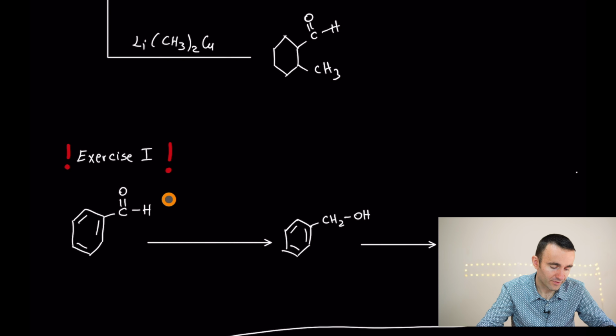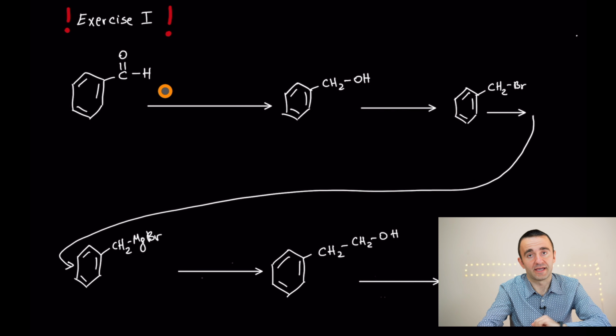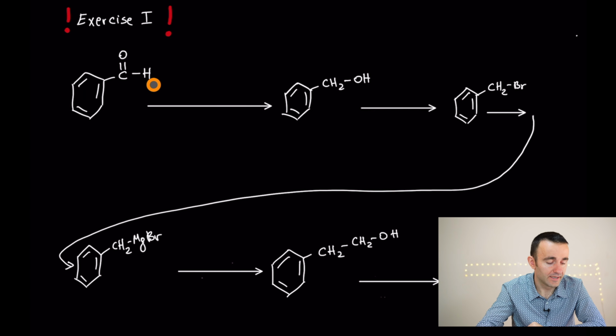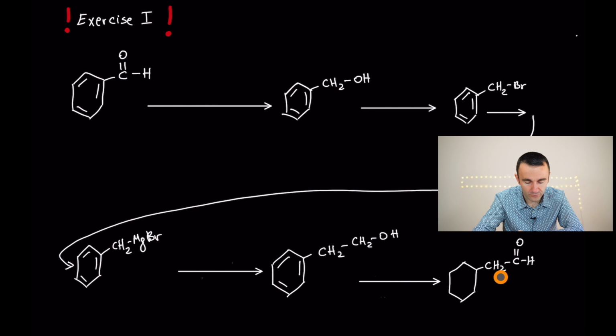Okay, let's move further. Let's move to the exercises. Exercises are perfect for organic chemistry. Exercise number 1, you have to carry out all those steps. I prefer to go in reverse, because imagine if it's given only this and this compound and you have to go in reverse. So to simplify things, I wrote all the intermediate compounds to go to this stage.